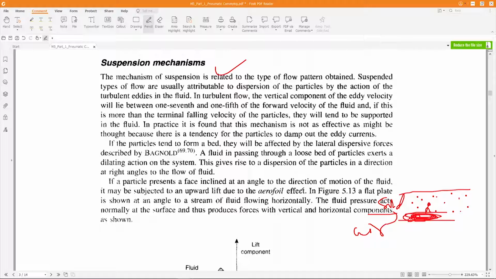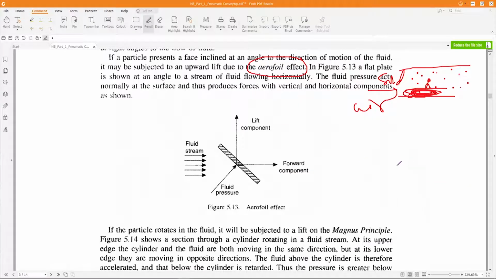Right? So the first one is the aerofoil effect. While studying the drag forces, we did this, right? We calculated drag force. Suppose the solid particle is at an angle. This is the projected area, and fluid is coming like this. So we'll have two components of drag force, one in the x direction and one in the y direction.